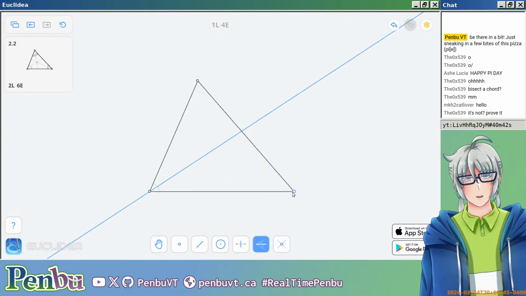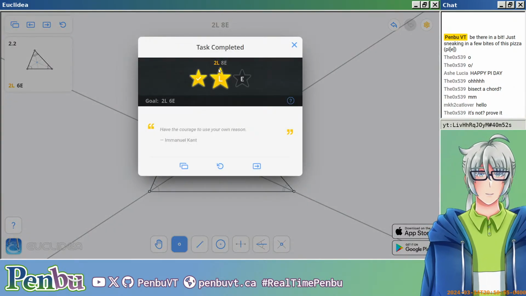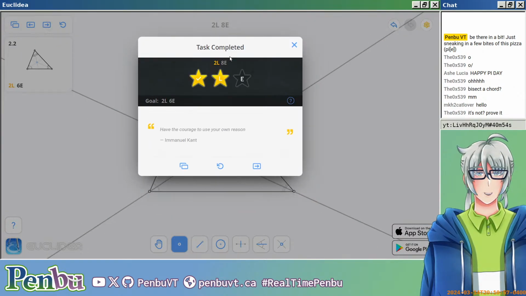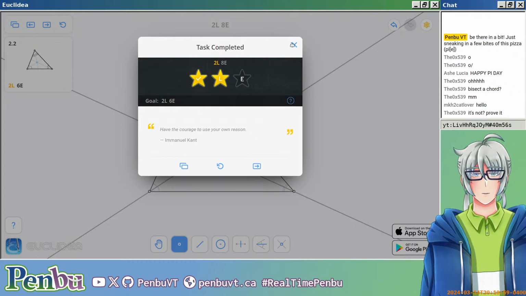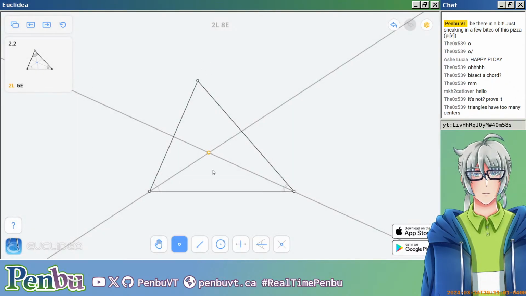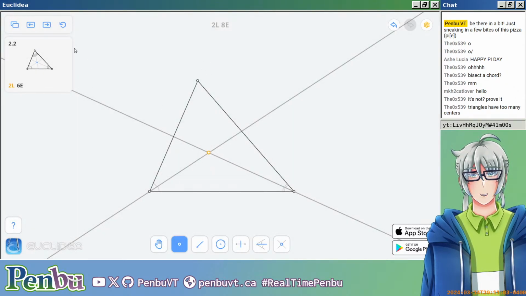But easy way, we can do this with 2, and then we find the midpoint. So that's 2 tool uses, and we need to get down to 6 elementary moves. Triangles have too many centers, yes.